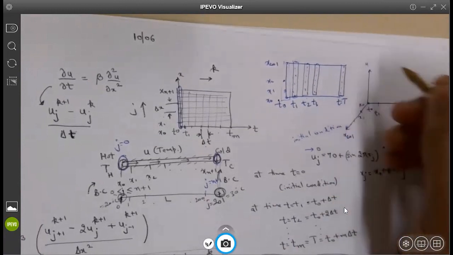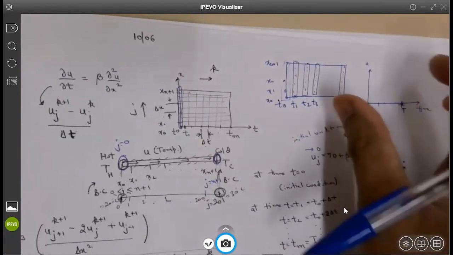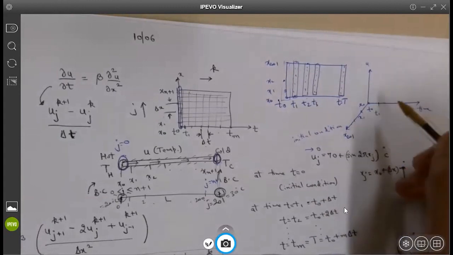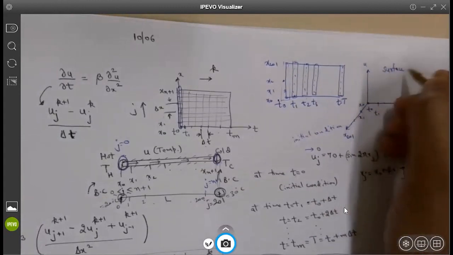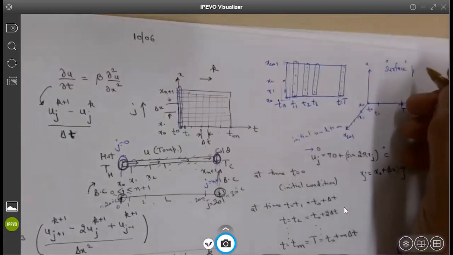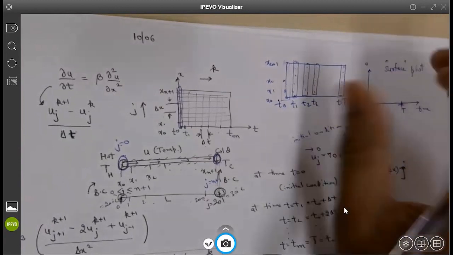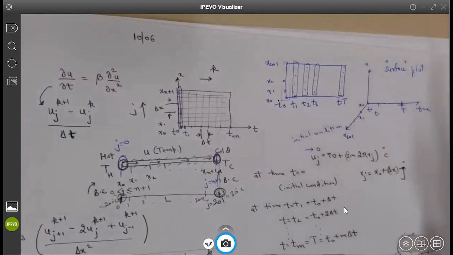And this is your temperature distribution. How the temperature distribution will be represented in a 3-dimensional plot, that's what you have to do. You can use a surface plot or some other type of plot in MATLAB to represent the temperature distribution in this one axis, in this one figure. So I want you to plot these results in one figure.